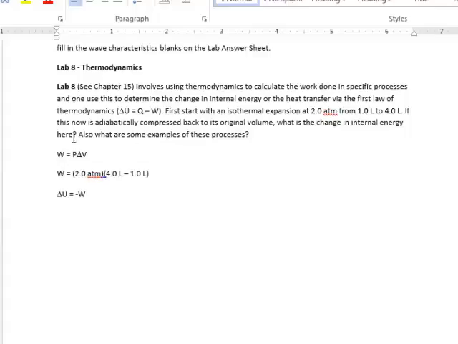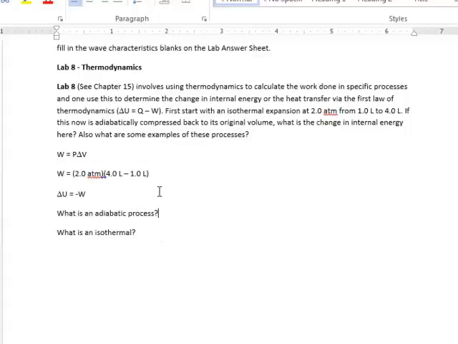Okay, now the last thing is, what are some examples of these processes? This is where you need to basically go out into the real world and look for examples of an adiabatic process. So what you may want to know is, what is an adiabatic? What is an isothermal?